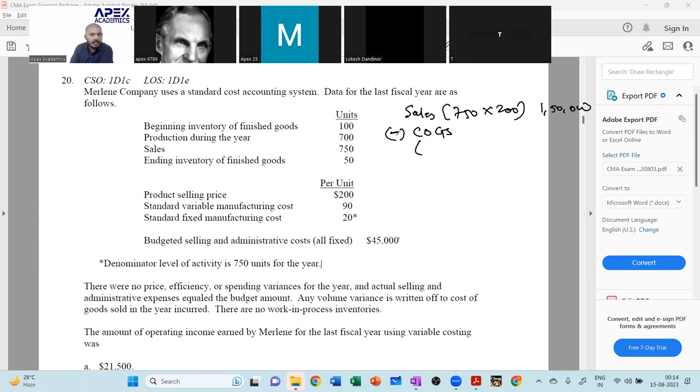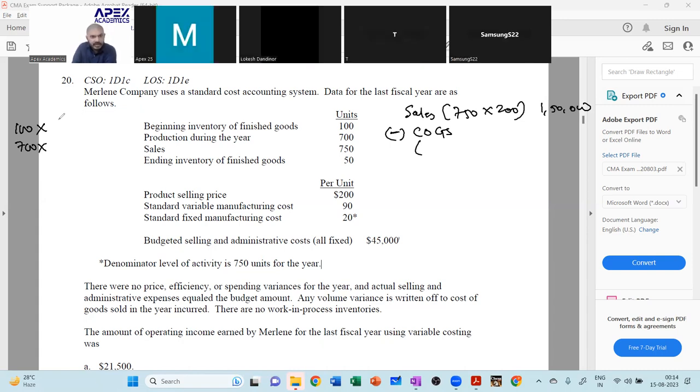Now, what is your variable cost per se? If I was to say I have produced 700, opening stock is a part of cost. So this will come at the variable cost, which is 90. Closing stock, production of the period here.